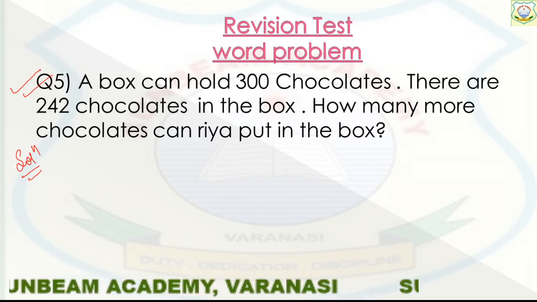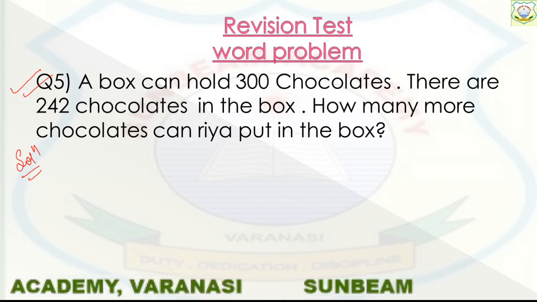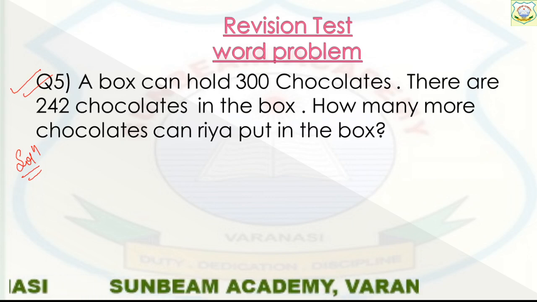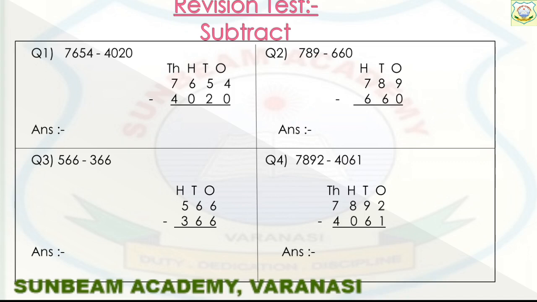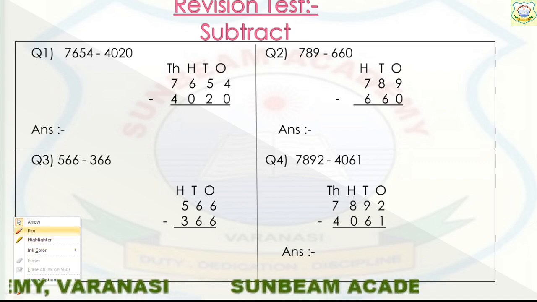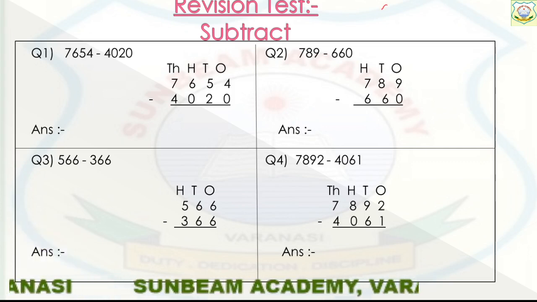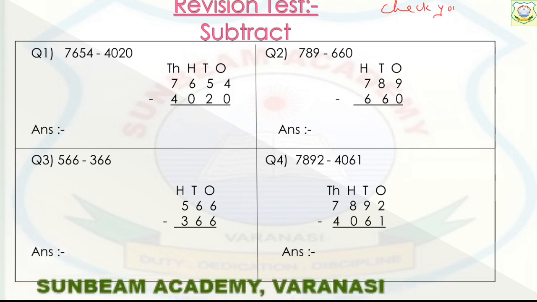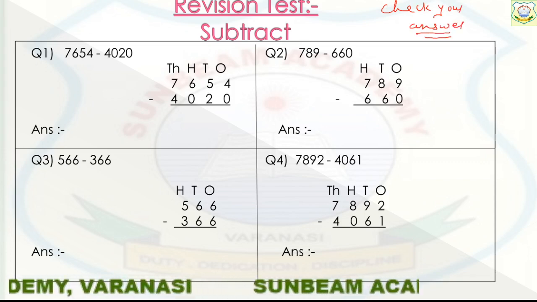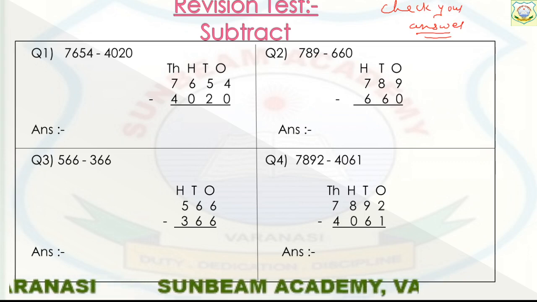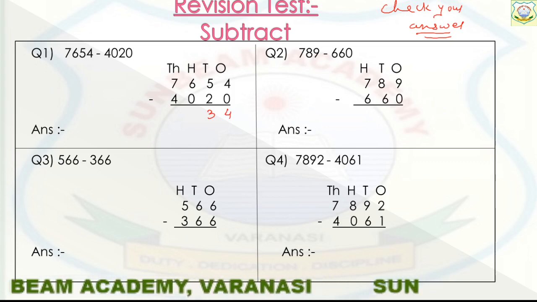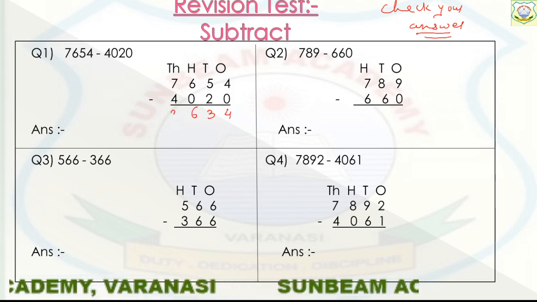Okay, now let's check the answer. Now see the first question and check whether your answer is correct or not. Here, 4 minus 0 is 4, 5 minus 2 is 3, 6 minus 0 is 6, 7 minus 4 is 3.